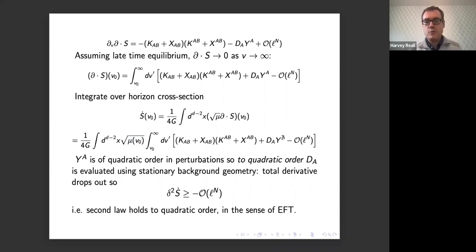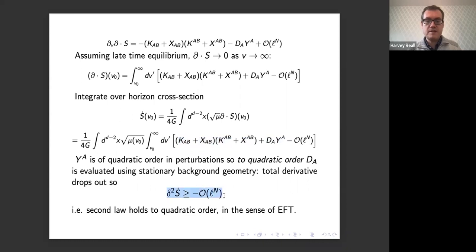However, I told you earlier, this Y is of quadratic order in perturbations because it's a quadratic in positive boost weight quantities. And so that means that if we're only working to quadratic order, we can evaluate this covariant derivative with respect to the stationary background geometry, and then we can interchange these two integrations, and this total derivative then does drop out. And so if we're only working to quadratic order, then indeed this term drops out, and we're just left with this positive definite thing on the right-hand side.